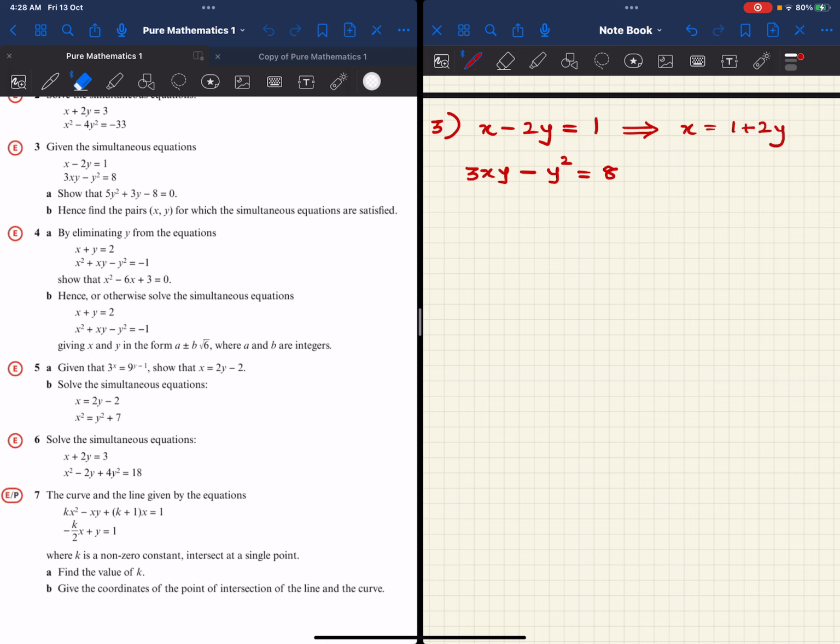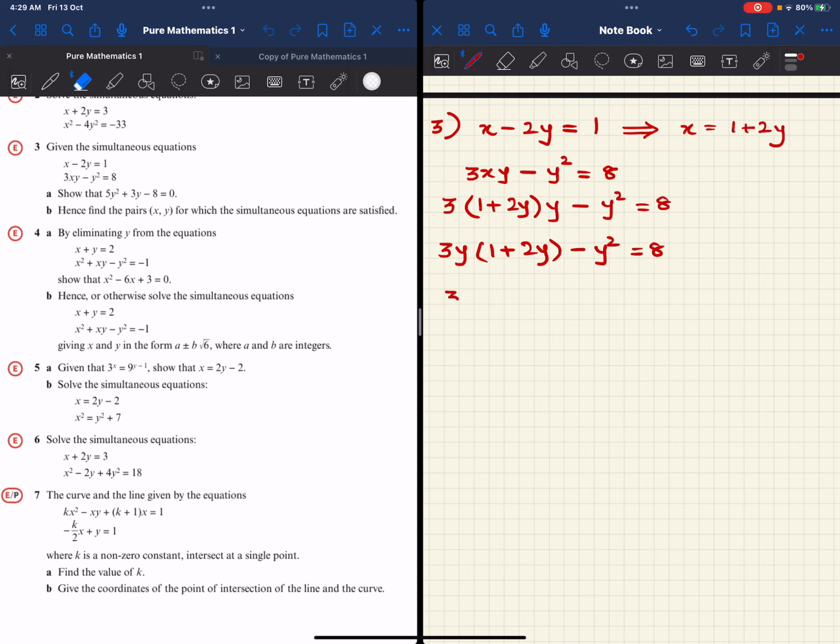So this value of x that we have, we will substitute it here and hence our equation will be in terms of y. So we have 3 into the x value, which is 1 plus 2y, into y, minus y squared is equal to 8. So this is like 3y into 1 plus 2y minus y squared is equal to 8.